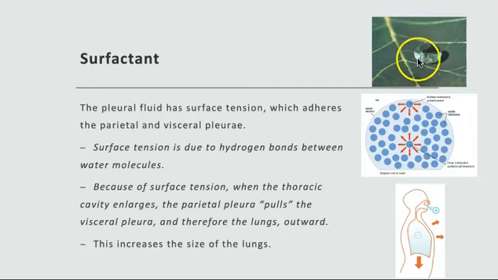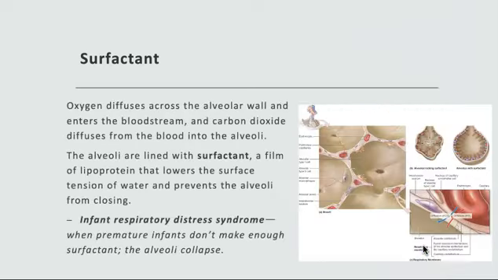You can see how this droplet of water is pulling and creating walls in itself, right? And so it's because of that surface tension that when our thoracic cavity enlarges, the parietal pleura is going to pull the visceral pleura and therefore the lungs outward, and we get an increase in the size of the lungs like we see here.